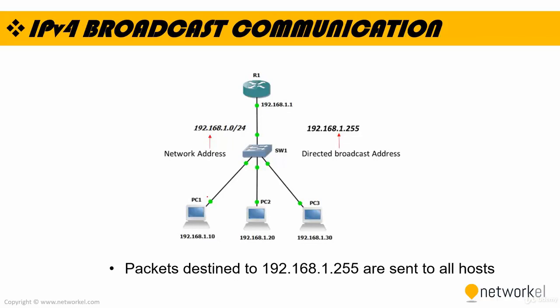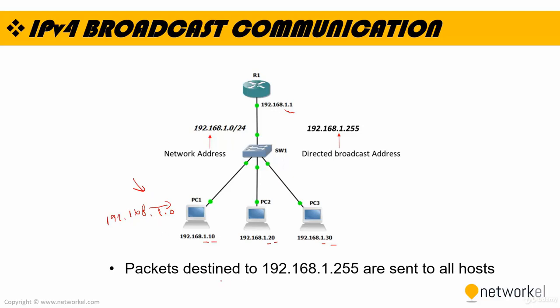So let's take a look at the IPv4 broadcast communication. These PCs have these IP addresses 1.10, 1.20, 1.30, and here is the default gateway for them. And the network ID for these PCs is 1.0. As I told you, I'm going to show you on the board how I calculate the network address in detail.